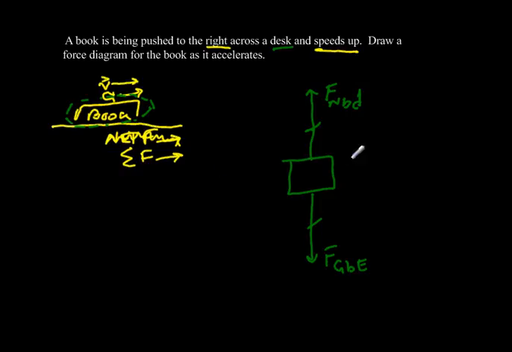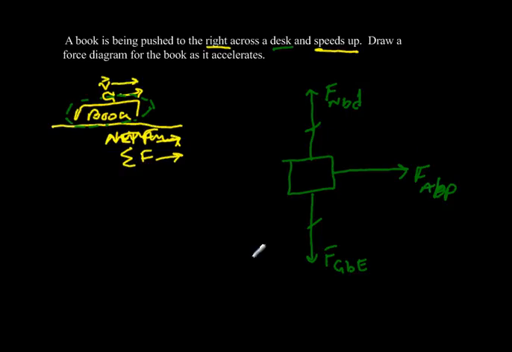Now, what do I do in this x direction? In the x direction, it is already moving. It is being pushed. I know that because it's here. So I'm going to draw this push in this direction. That is a force applied, by, I don't know, it doesn't say who's pushing it, by a person. We assume the person is pushing the book. Force applied on the book by the person.